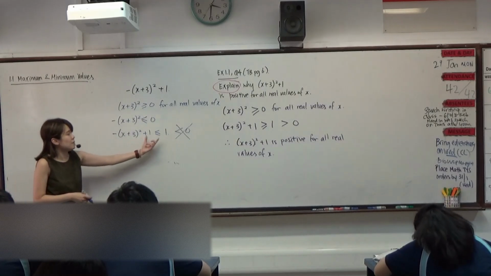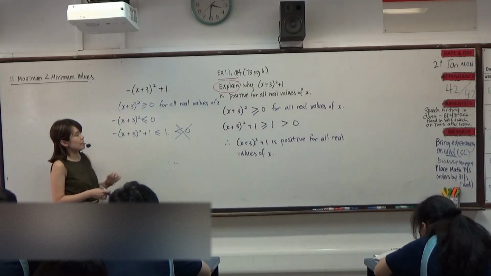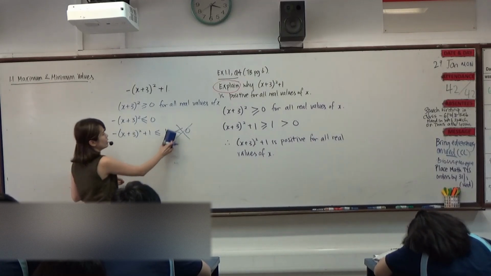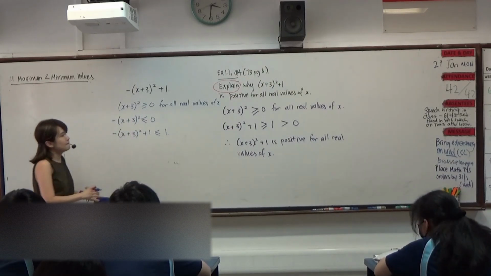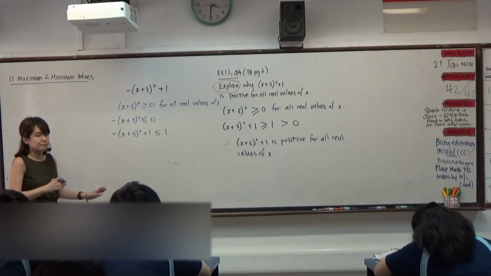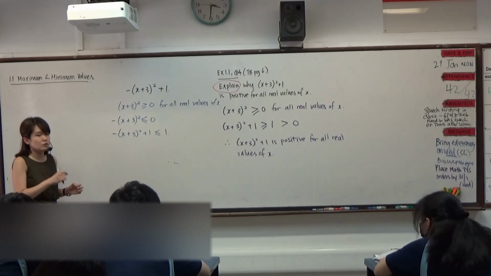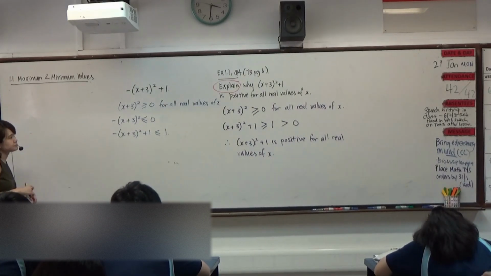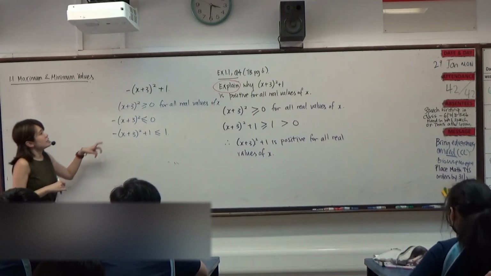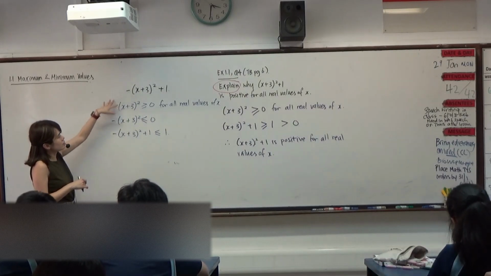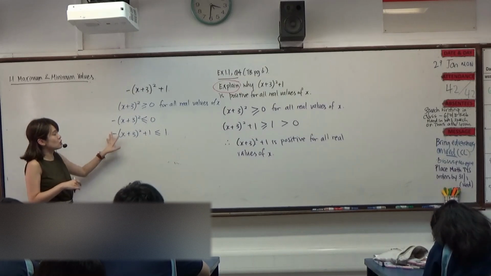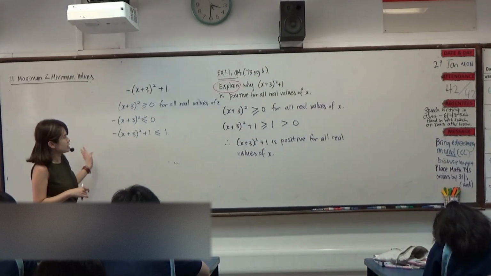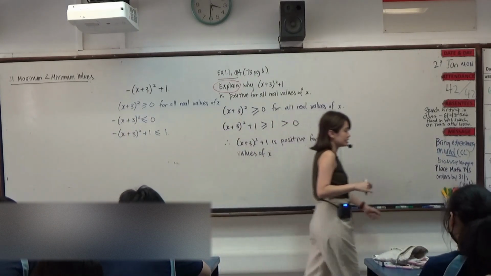It is only positive for a certain range between 0 and 1 only. So this is an example that shows us that it is not positive for all real values of x.